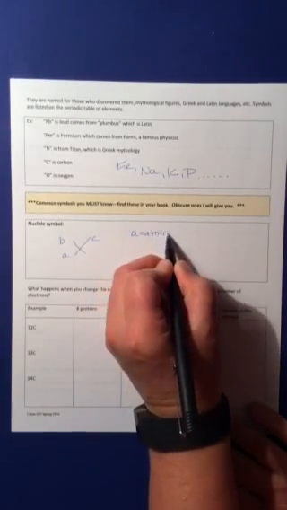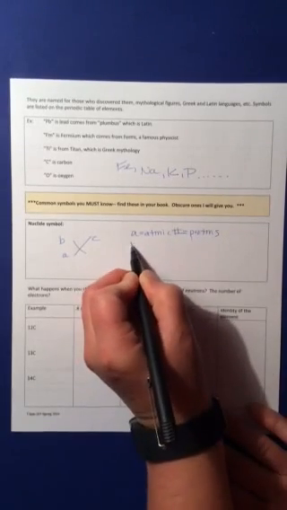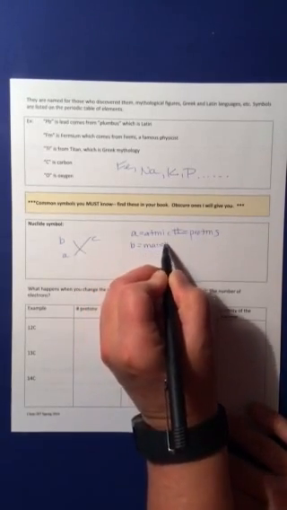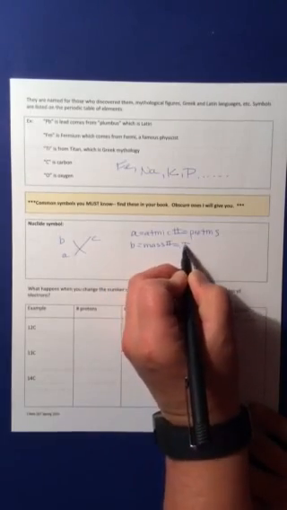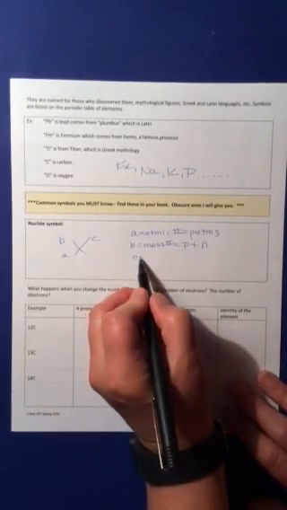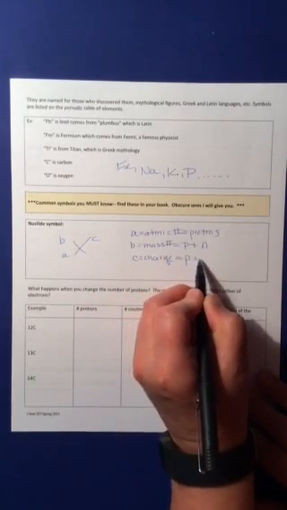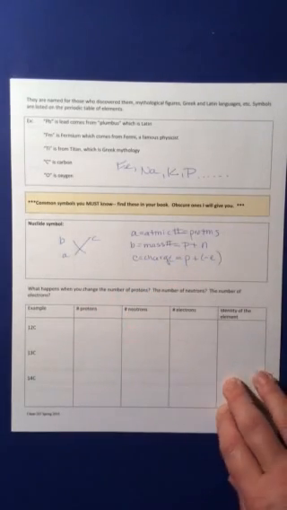Where A is equal to your atomic number, which is equal to your protons. B is equal to your mass number, and remember that would be the protons plus neutrons. C is going to be your charge, which is equal to your protons plus your electrons, which are negative.